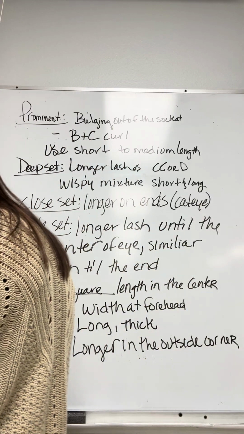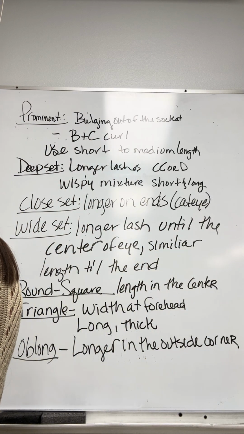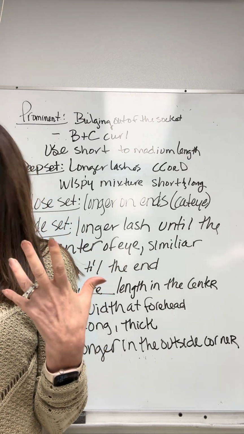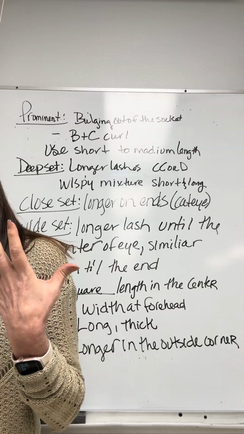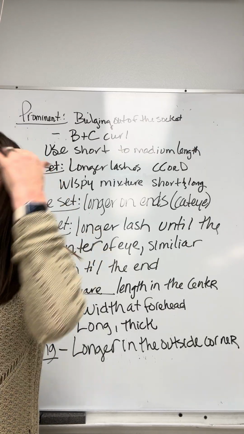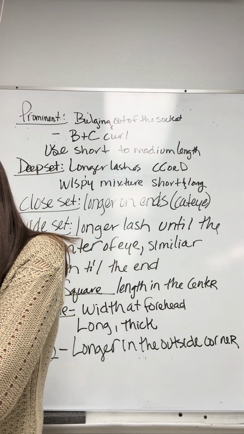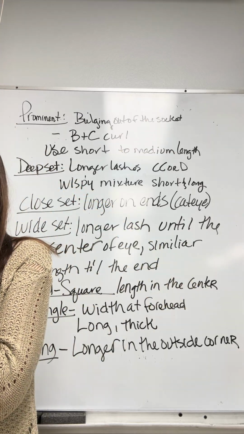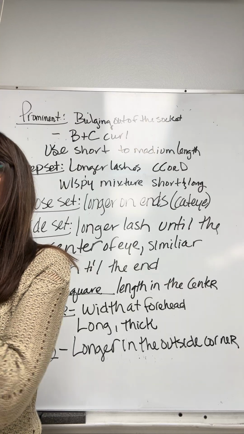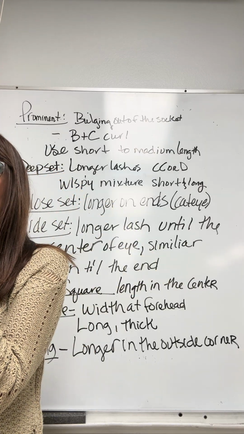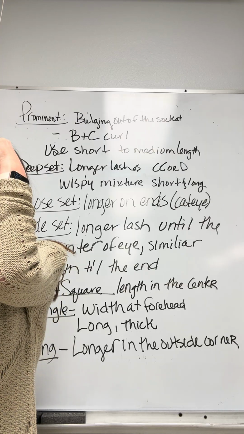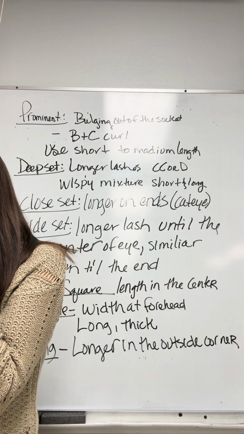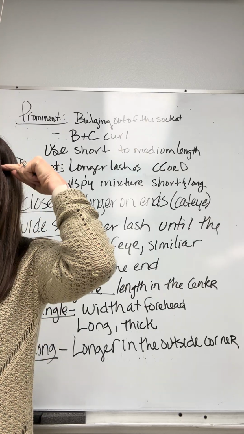Okay, then we have our diamond and our heart-shaped face. They're the same, but just in a different spot, right? Your heart-shaped face is a wide forehead, really narrow chin. Diamond has a narrow forehead, wide cheekbones, narrow chin, okay? So it's still wide through here, narrow through here. Diamond is tiny, wide, tiny, but your heart shape is wide to tiny.